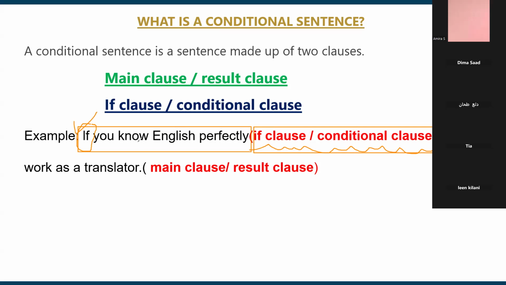Yes, because if this clause doesn't happen, what will happen to the other clause? It will not be the effect. Bravo. It won't happen as well. So if clause 1 happens, then clause 2 will happen, right?